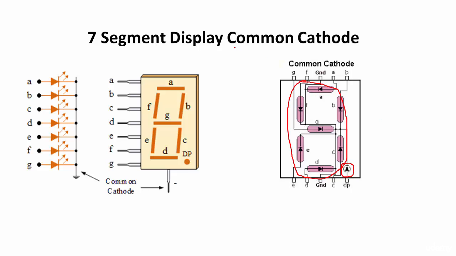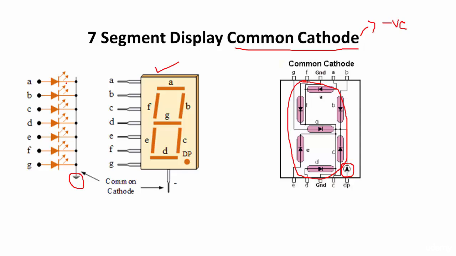The term common cathode means the negative terminals are common. Cathode means negative. Internally in the 7-segment display, all the negative terminals, that means all the cathodes, are tied to a common place, which we call the ground point.